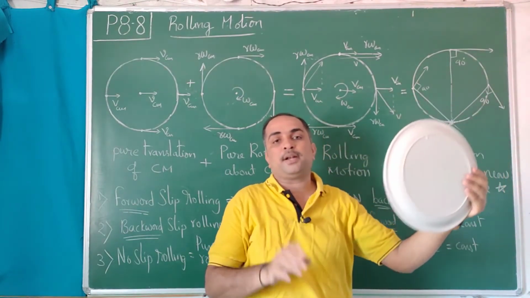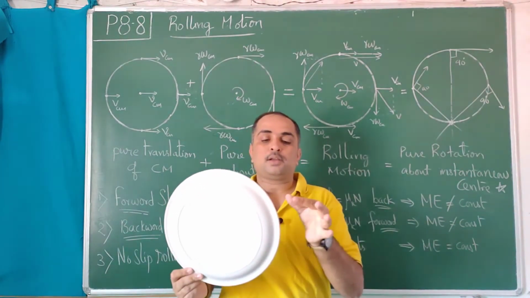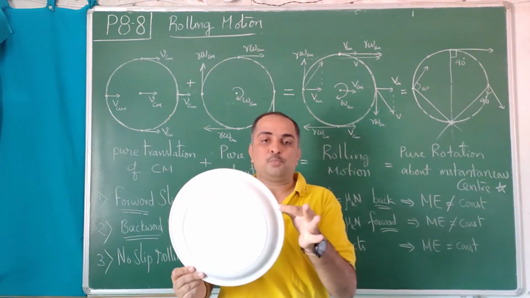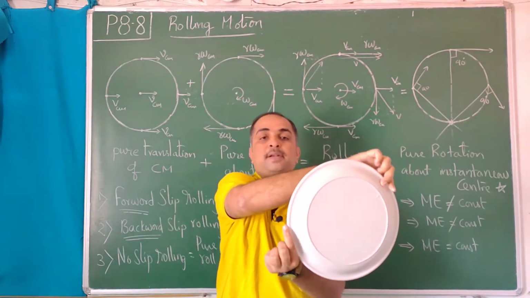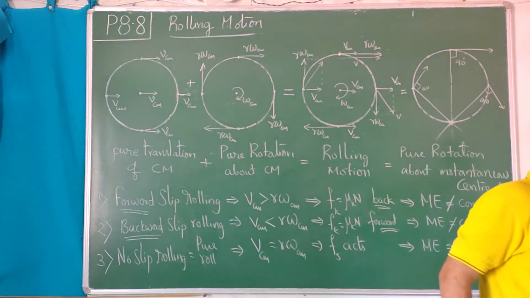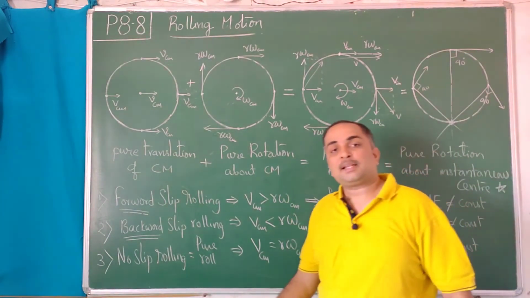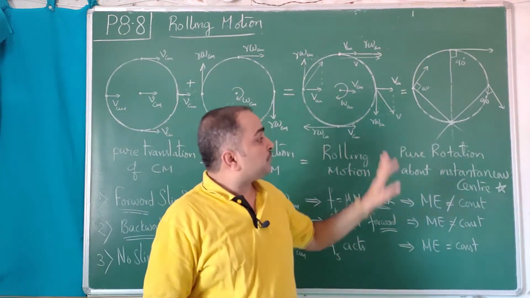When I am rotating, don't translate. This can also be treated mathematically as hooking this at this point. Don't move this point, this finger should not move. This can be taken as pure rotation about the instantaneous center. Mathematically, it comes out the same. Physically, that is not actually happening, but mathematically, the answers come out the same.